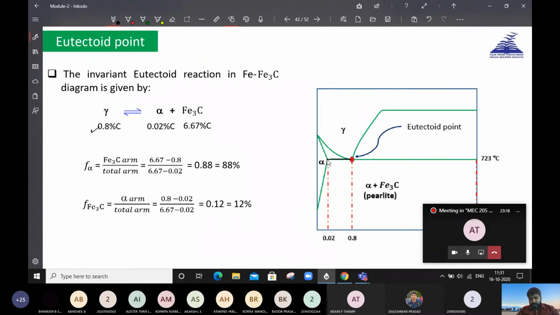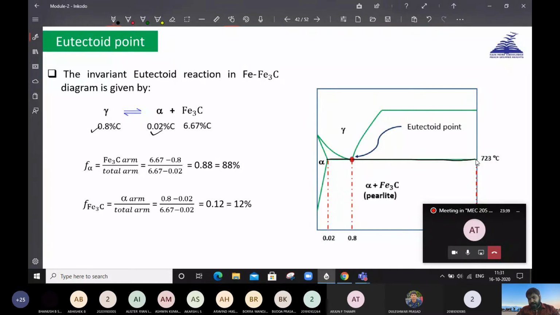This point you already know in the iron carbon diagram. So for the alpha, I have written the composition as 0.02% carbon.